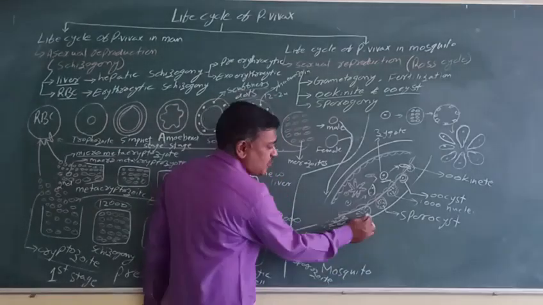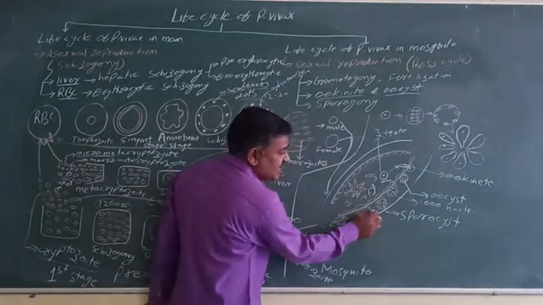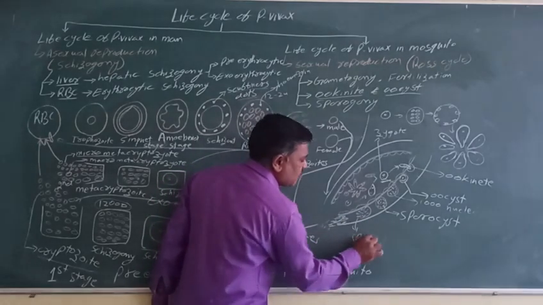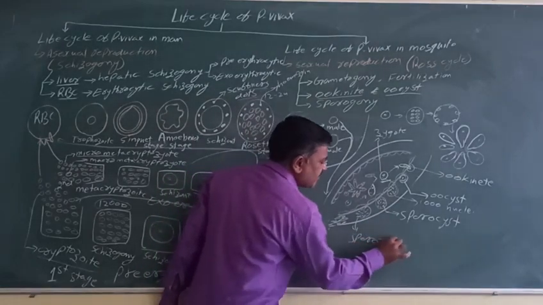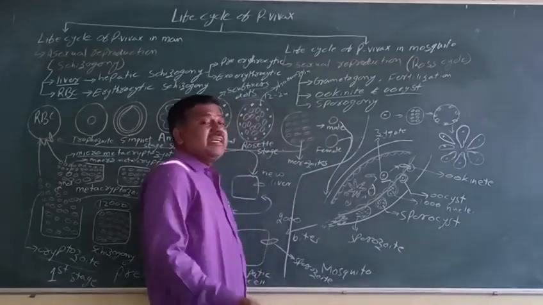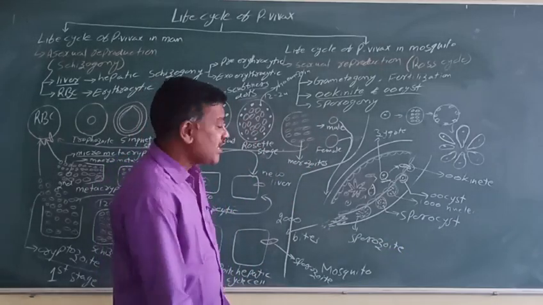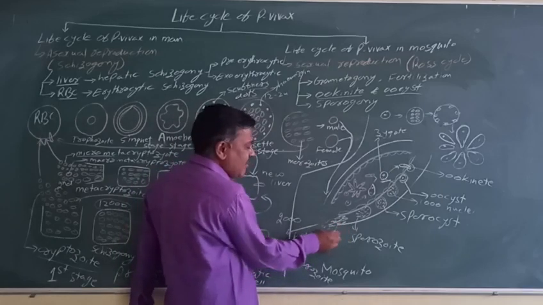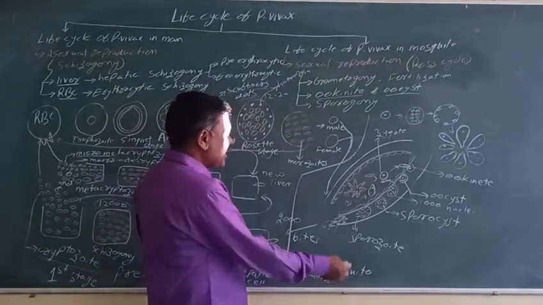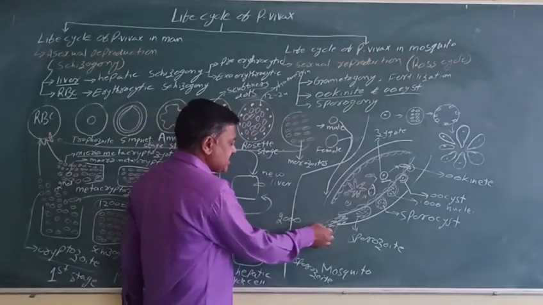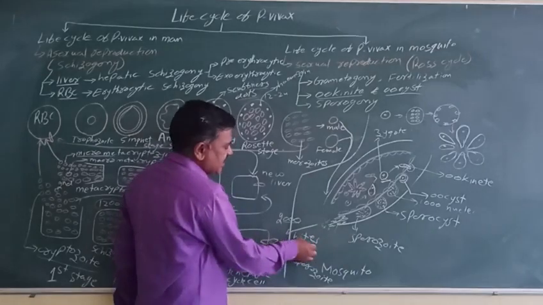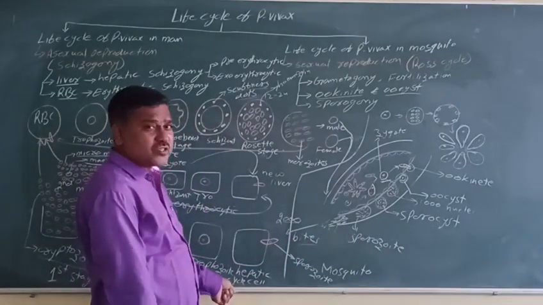Now the sporocyst's cyst wall breaks and the sporozoites are released in the hemocoel, and from the hemocoel they enter into the saliva of the mosquito. When the mosquito bites, with the saliva 2000 sporozoites enter into the new host.